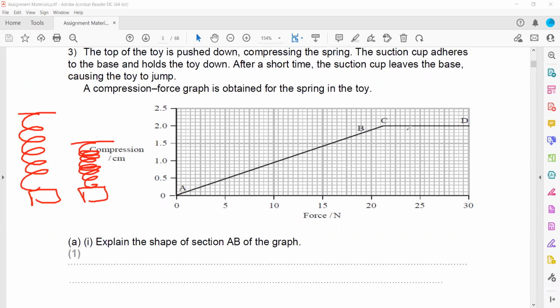So why is the section CD not changing in size? The reason is that it shows the spring is fully compressed. It cannot be further changed.